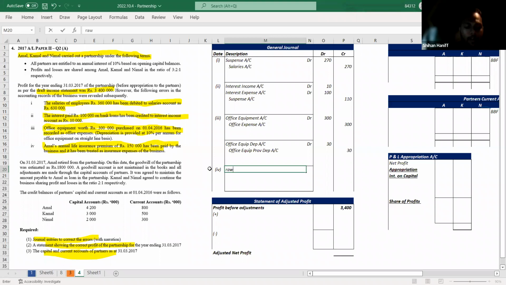Therefore, drawings account debit 150, insurance credit 150. So those are the transactions for the error correction.